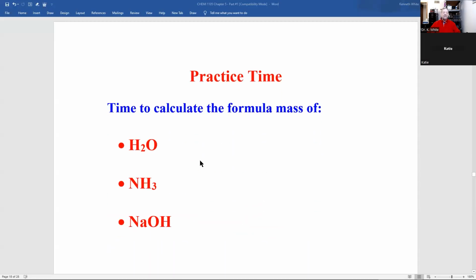So let's do some practice time. Now I have here calculated the formula mass. I probably would say on a test, calculate the molecular weight of the following. Well, let's do it.